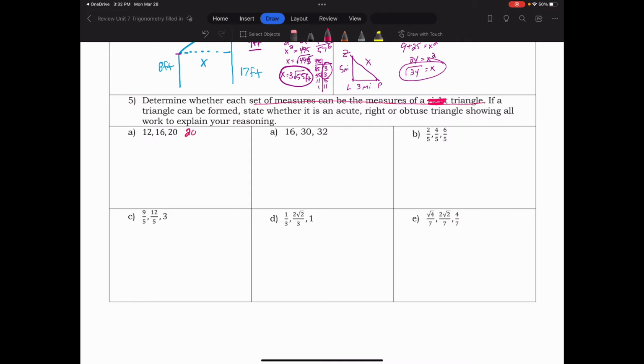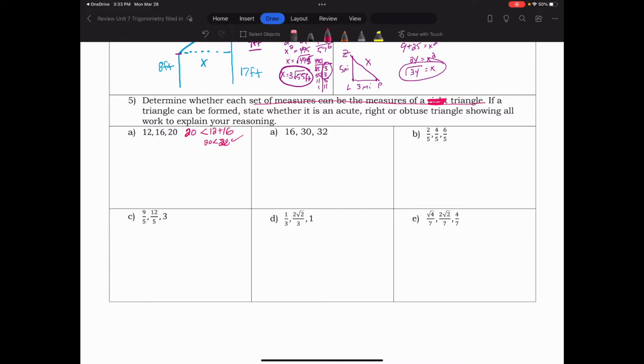So first thing, is 20 less than 12 plus 16? The third side has to be less than the sum of the other 2 sides. 20 is less than 28, so that is true.